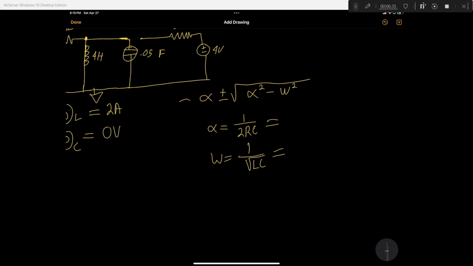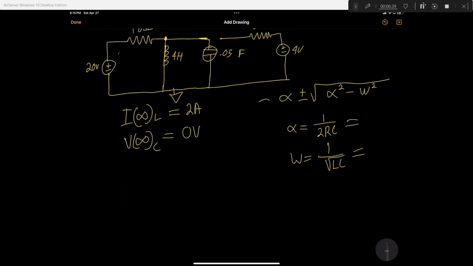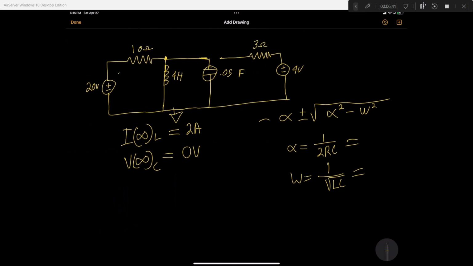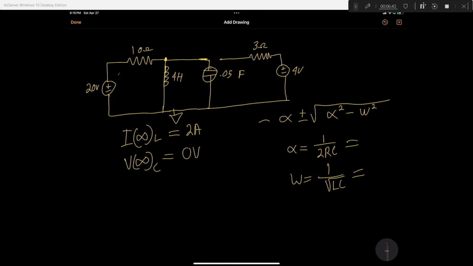And then you just plug in the values. The resistance seen is basically going to be the resistance seen by both the inductor and the capacitor. If you think about it conceptually, to define the resistance seen by anything, you can kill the other sources. Voltage sources get shorted, current sources get opened.